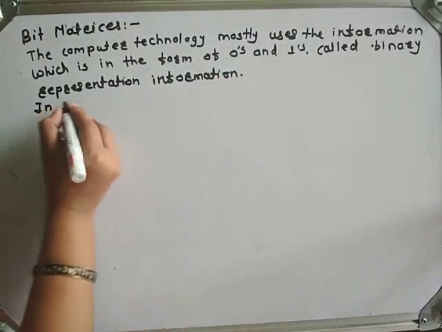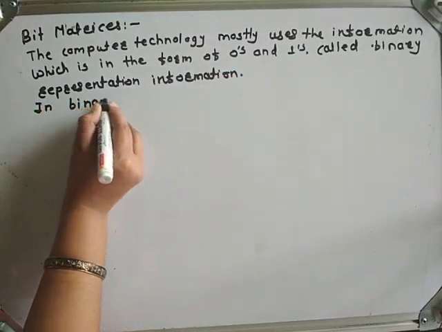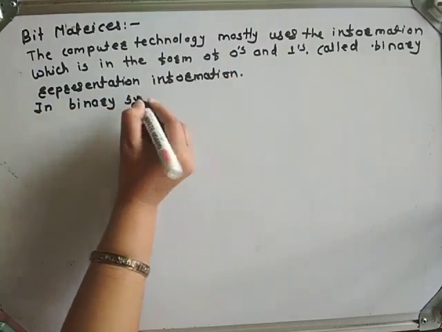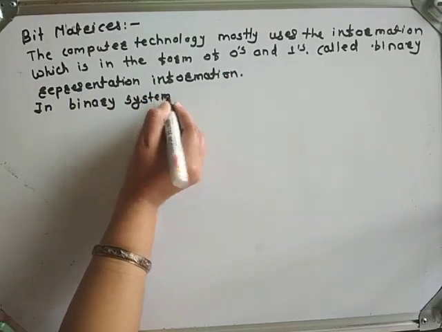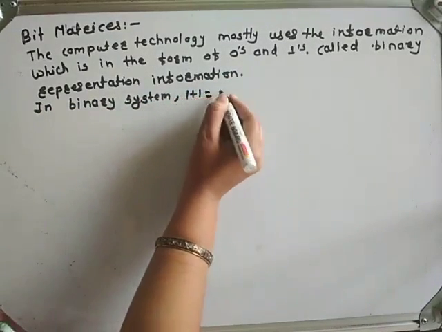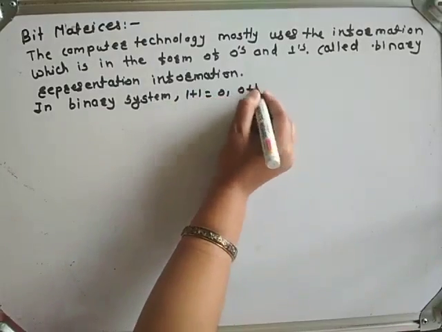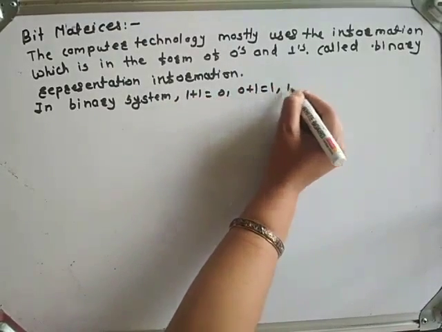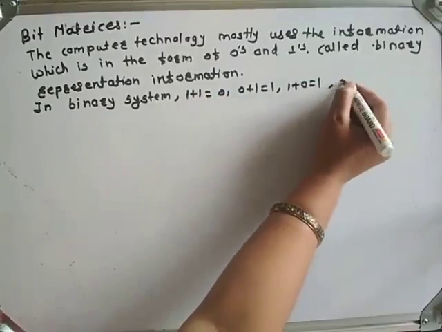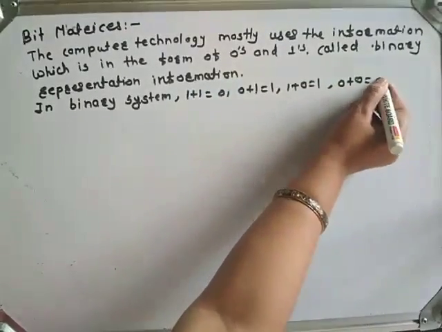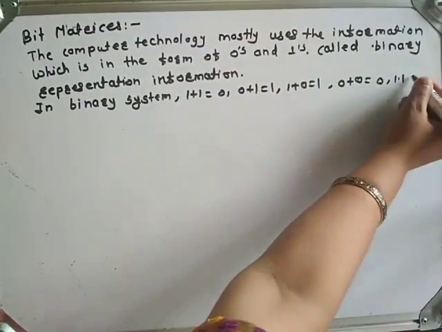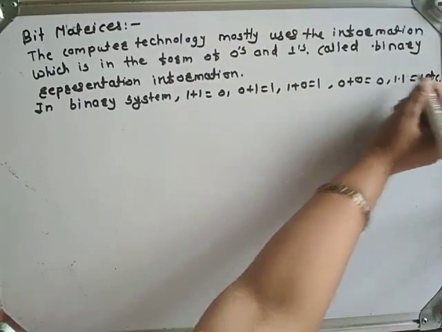In the binary system, 1 plus 1 is equal to 0, 0 plus 1 is equal to 1, 1 plus 0 is equal to 1, 0 plus 0 is equal to 0, 1 into 1 is equal to 1, etc.